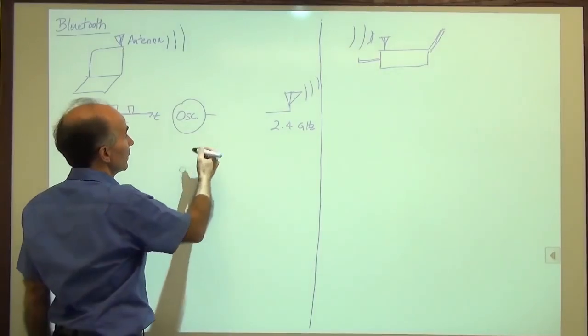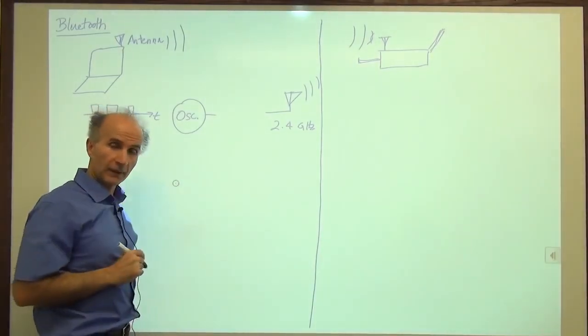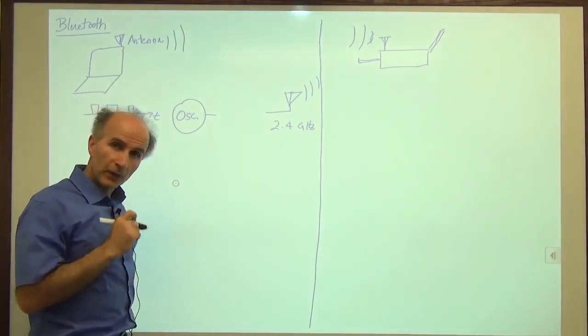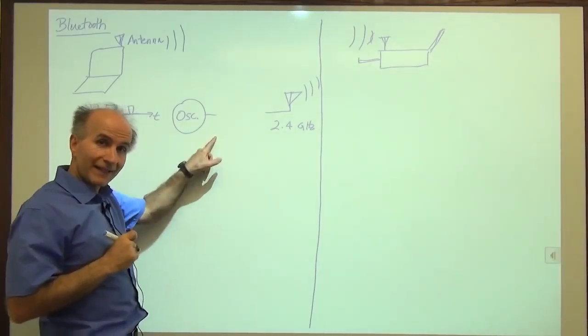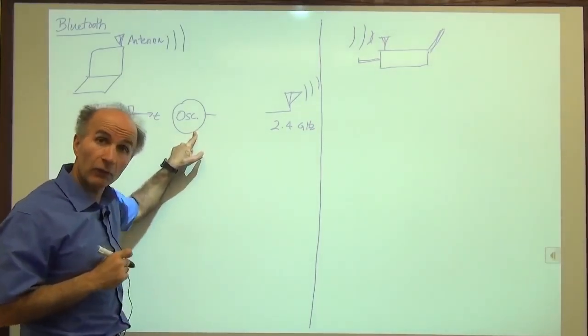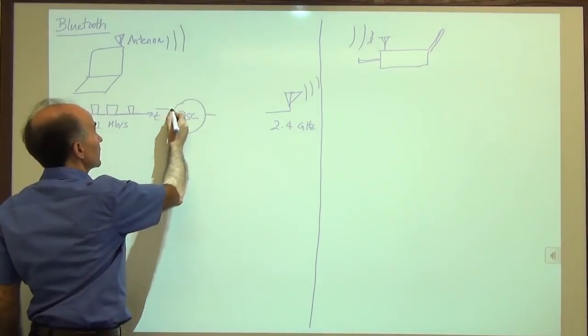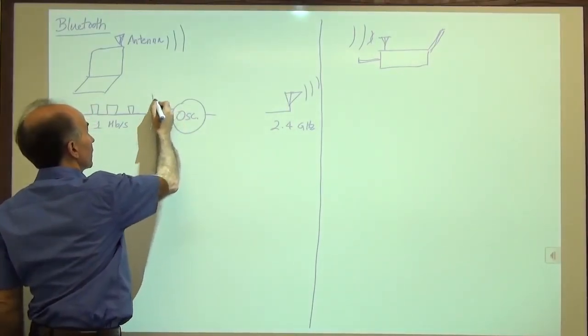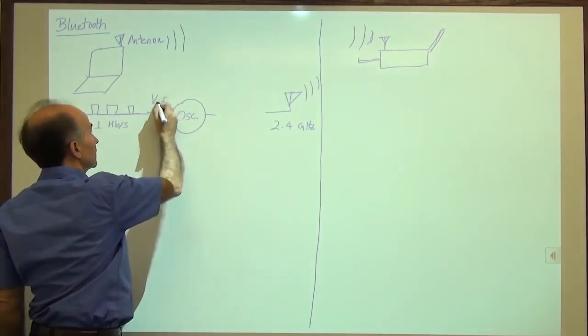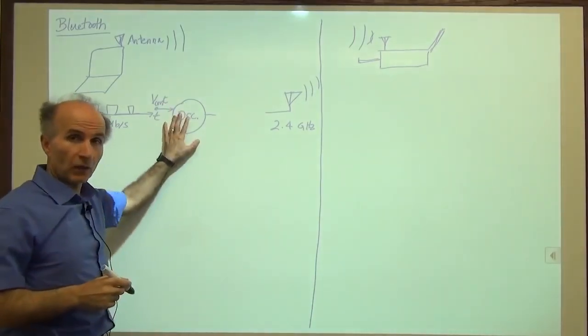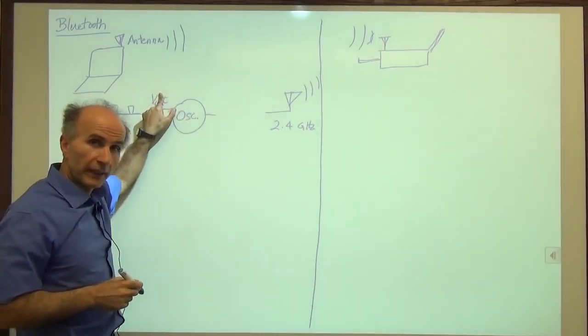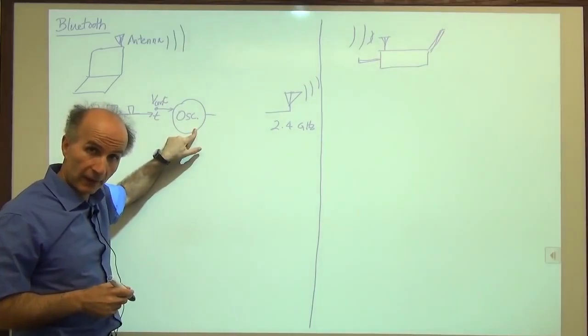So it would just go up and down periodically. But what I do is, this oscillator has a control voltage. So here's a control voltage. We call it V control. And in fact, this would be called a voltage controlled oscillator, VCO.